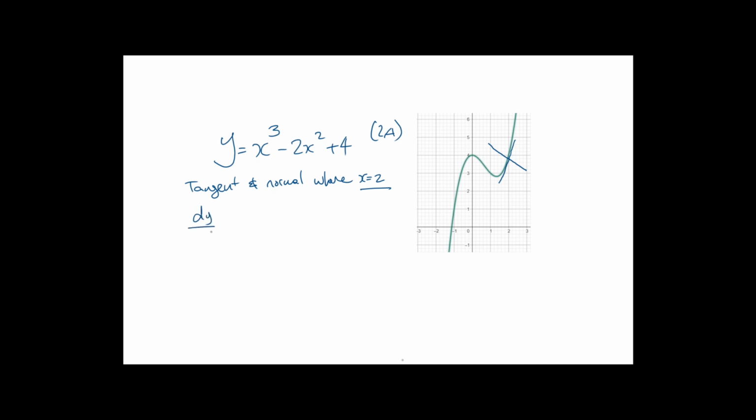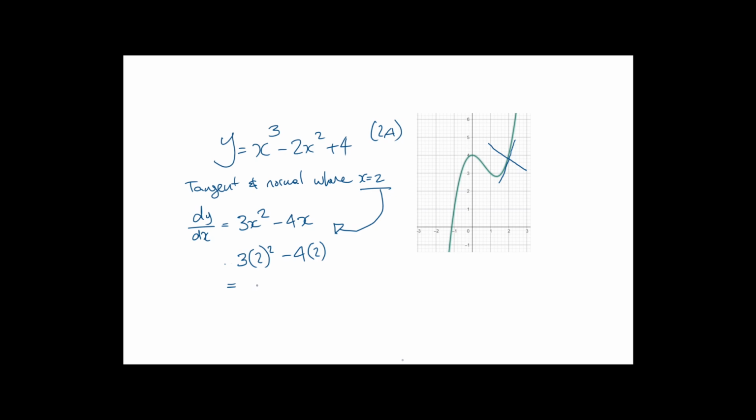So to find the gradient, we need to differentiate y with respect to x. So it's going to be 3x squared, the 3 loses 1, becomes a 2, minus 2 times -2 is minus 4x, and the 4 disappears. Now we plug this x equals 2 in here to find the gradient. So that's going to be 3 times 2 squared, minus 4 times 2.